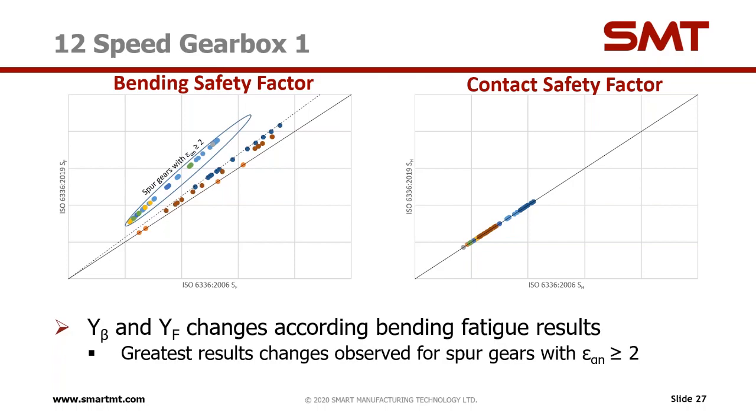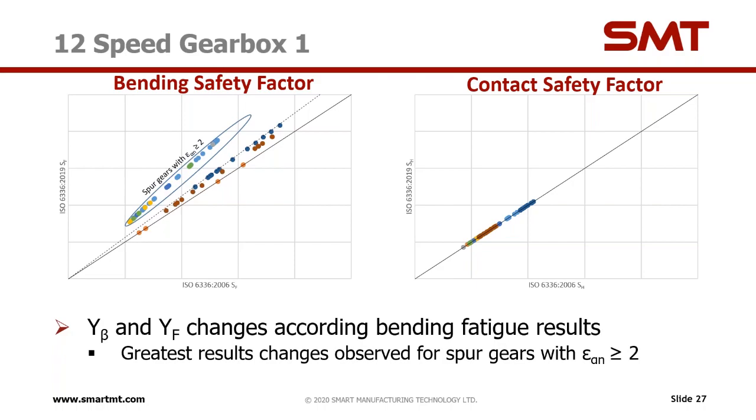On the right-hand side, you actually see contact safety factor didn't actually change at all for this given case. If we look at the bending safety factor comparison on the left-hand side, we can actually see one of the gear sets, or one of the gears, actually didn't change at all, and some of the others changed rather significantly.